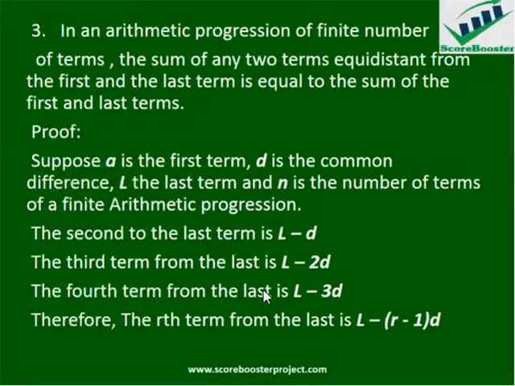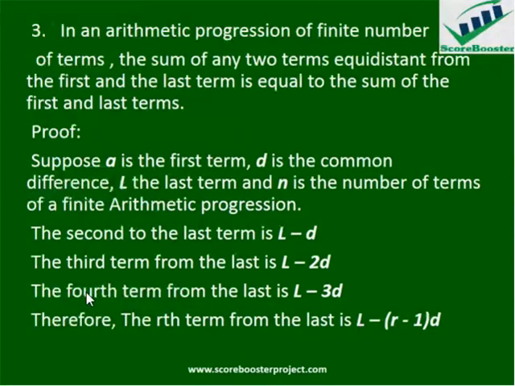The fourth term from the last, you subtract three common differences from the last term. So therefore, the rth term from the last is l minus (r minus 1) multiplied by d.